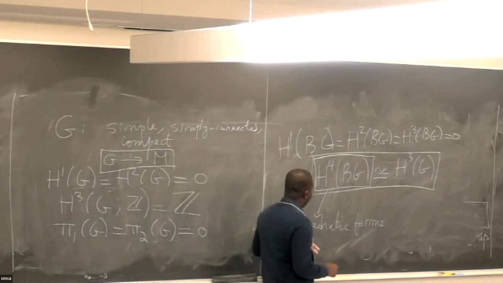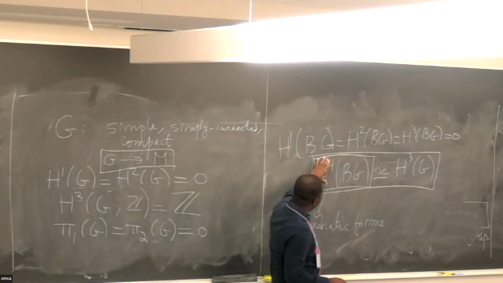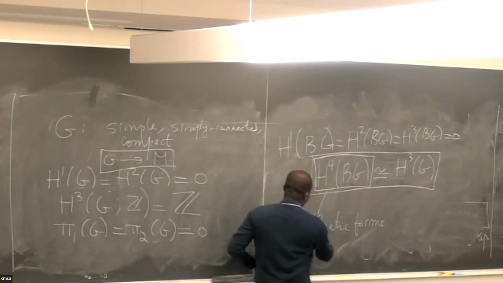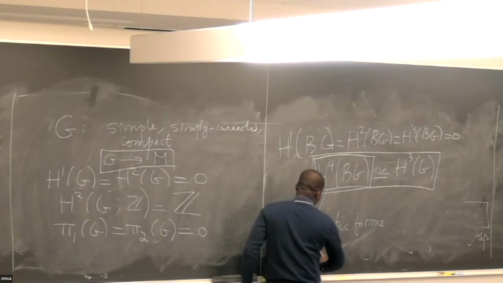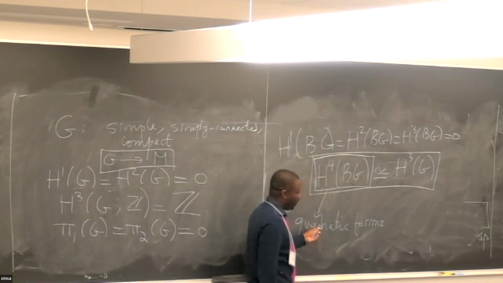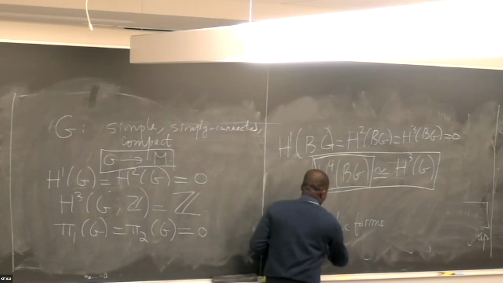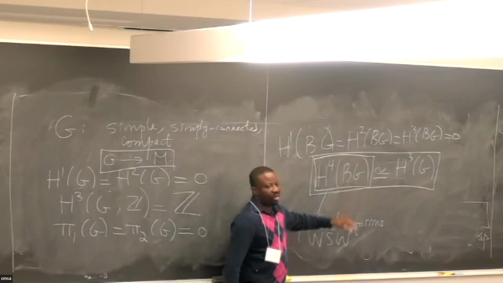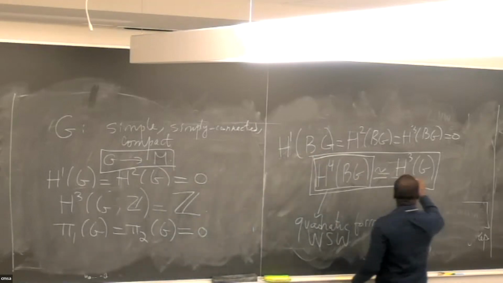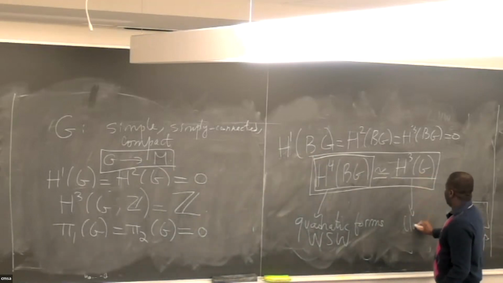These are also used to classify, for example, the topological term in Wess-Zumino-Witten theories. So you classify them using H4 of BG, whereas this one here is a classification for instantons.